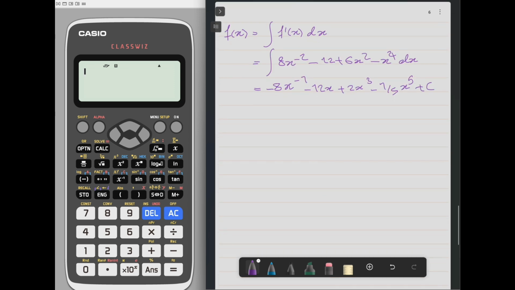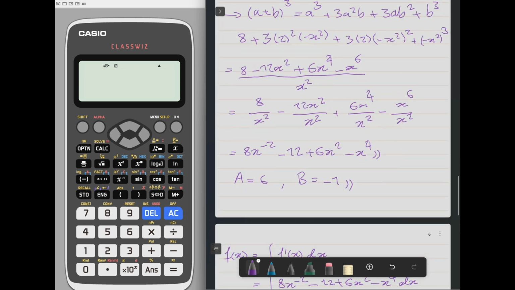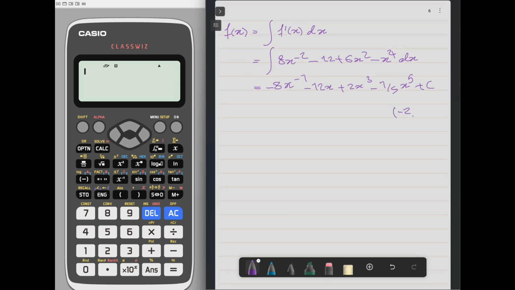And I know that this passes through the point minus 2 and 9. This is the extra information, guys. With this extra information, we can find the value of the integrating constant.